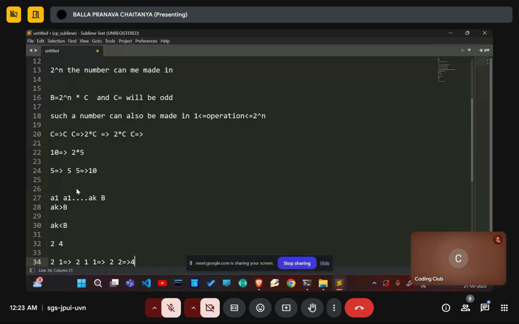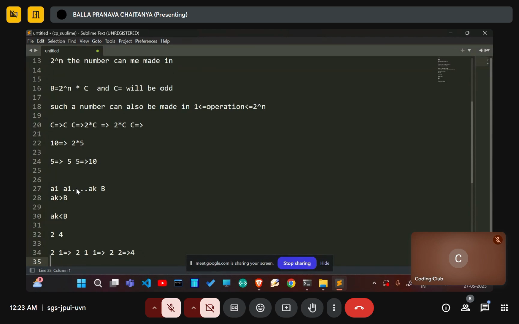So this means we cannot push the very elemental elements here. We have to pick a big element here. Suppose we already have 2, then we have to make a 4. The only thing here is we have to push 4. There is no other combination left because whatever you push is going to disturb the 2.